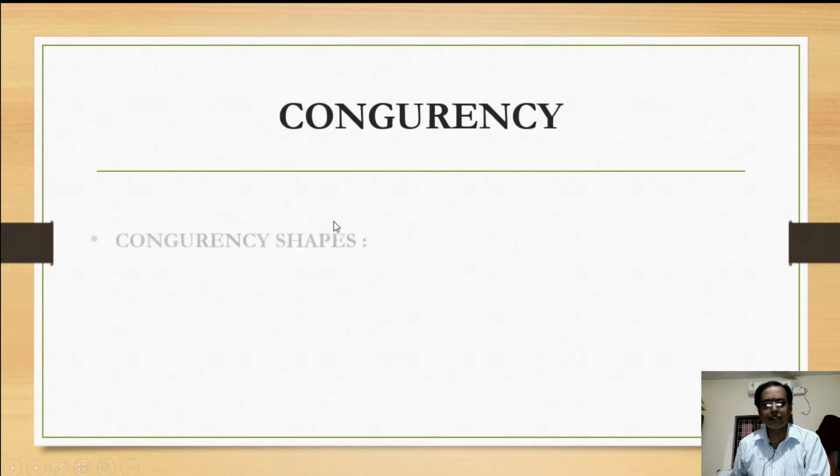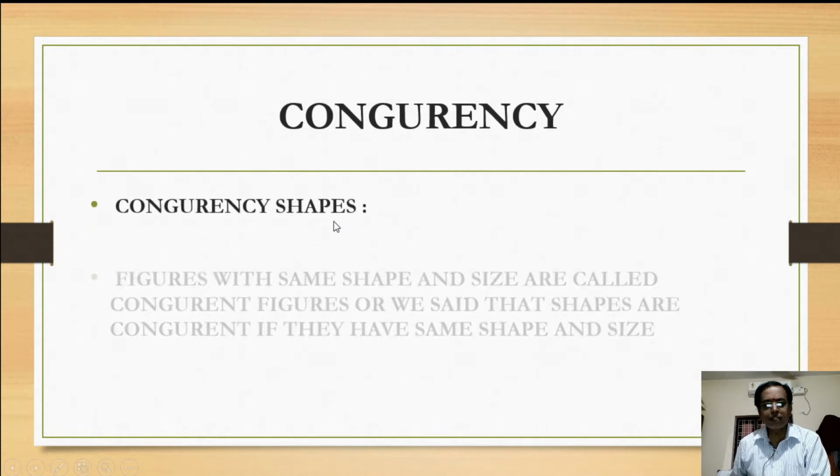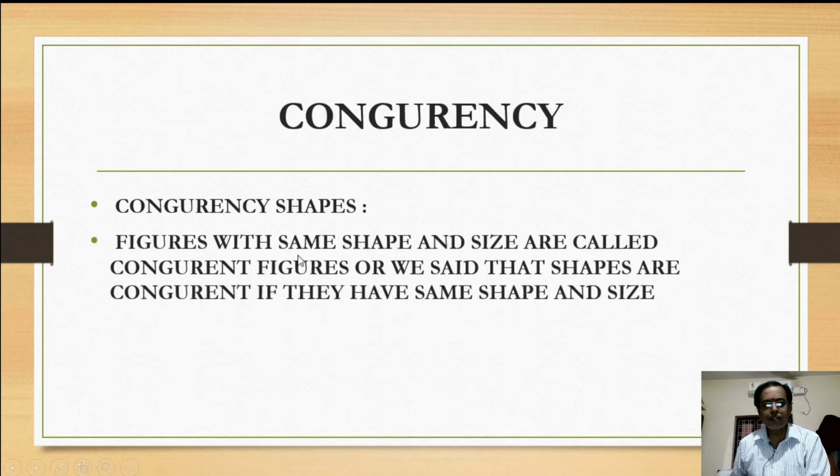Now congruency. Congruent shapes. Figures with the same shape and size are called congruent figures. Or we say that shapes are congruent if they have the same shape and size. Okay children, this is the main point.